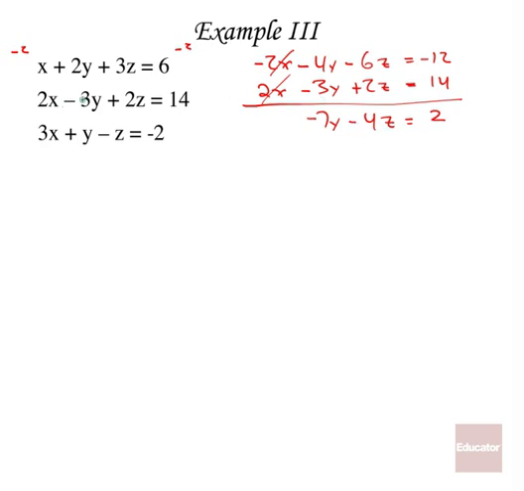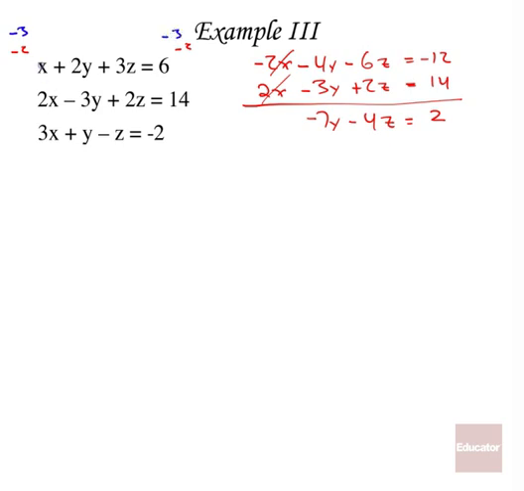And now we've reduced these two, eliminated the x. So now we have an equation in 2 unknowns. So now let's deal with the first and the third. In this particular case, let me do this one in blue. I want to eliminate the x again because I eliminated the x here. So I'm going to multiply by a negative 3 this time.